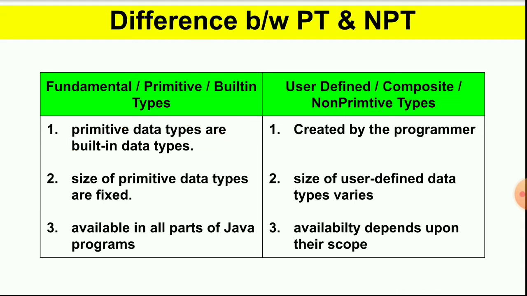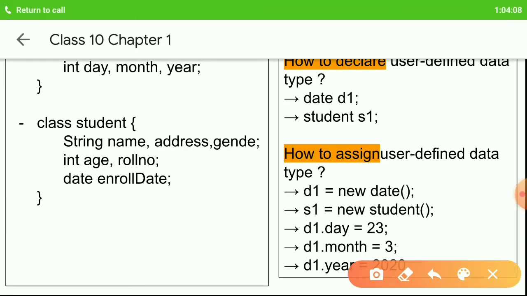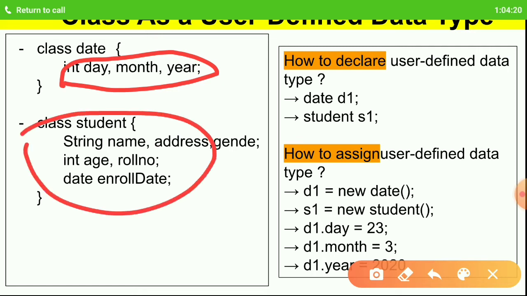Let's see the previous slide again. This date class, this type of data, will require a different size than this student class. Let's say if integer is 4 bytes, that means the date class will probably require 4 into 3, 12 bytes of memory, because we have got 3 integer variables here.